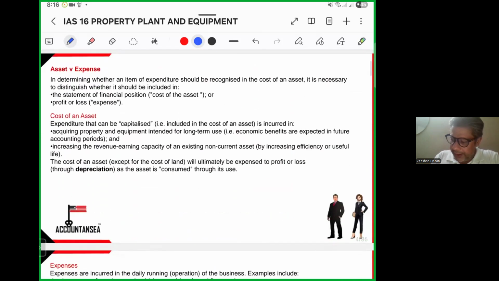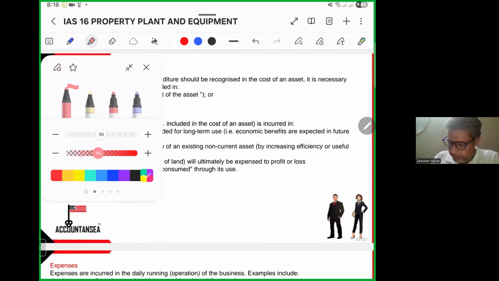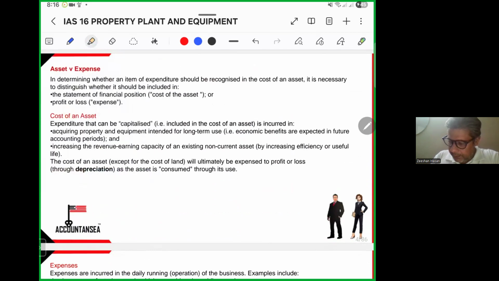Now, asset versus expense. In determining whether an item of expenditure should be recognized in the cost of an asset, it is necessary to distinguish whether it should be included in the statement of financial position in the cost of the asset or in profit or loss as an expense.